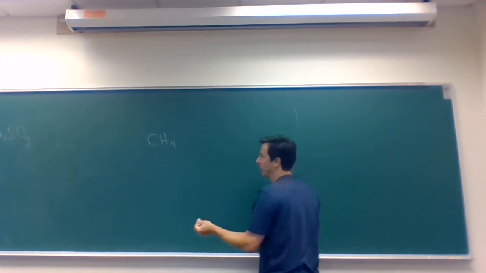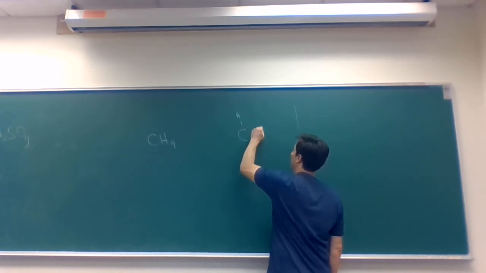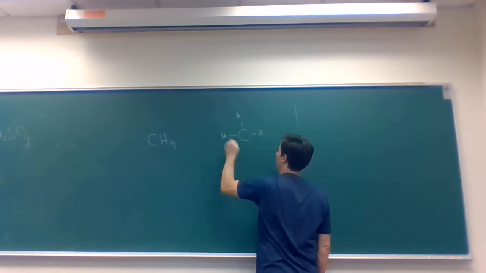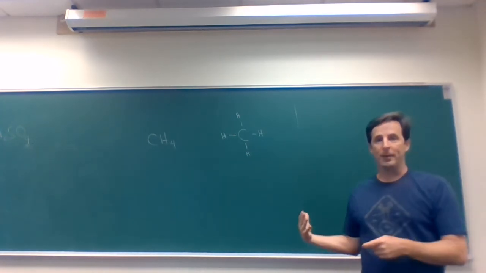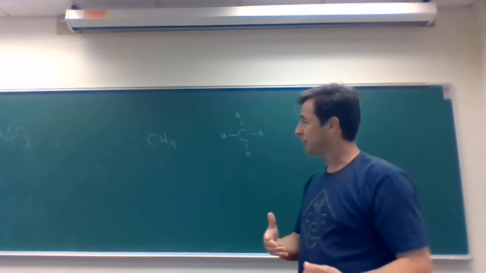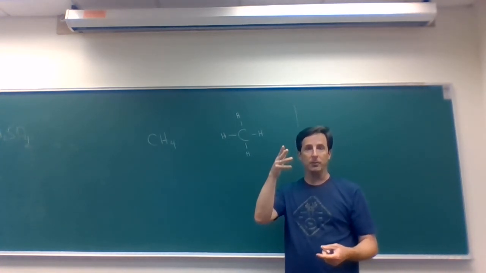So if I draw the Lewis dot structure, carbon with 4 hydrogens, if you look at that carbon atom, see 4 hydrogens around it, you should automatically think 4 groups is tetrahedral.